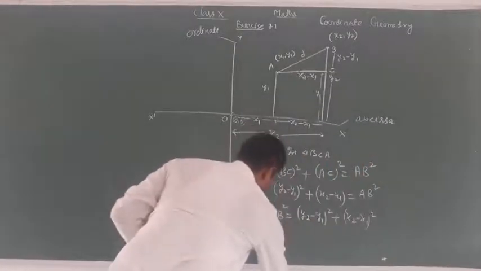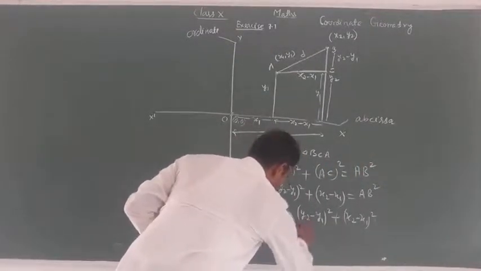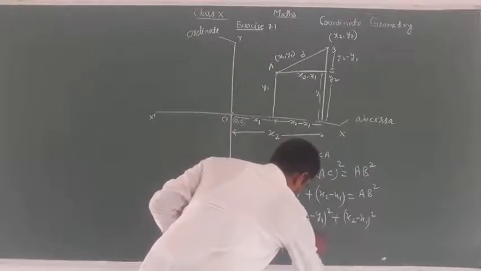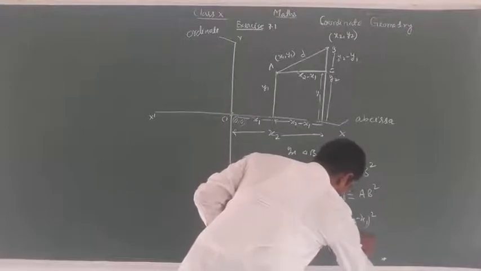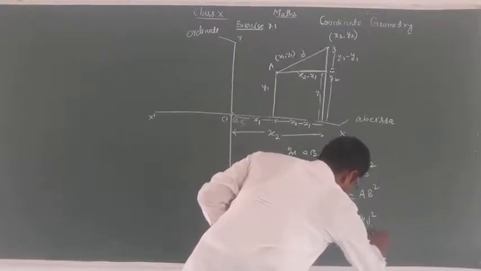So now AB is equal to the square root of x2 minus x1 whole square plus y2 minus y1 whole square.